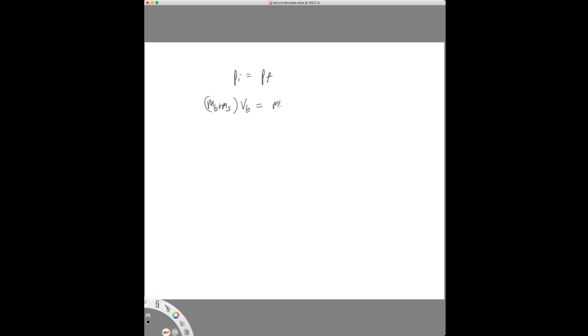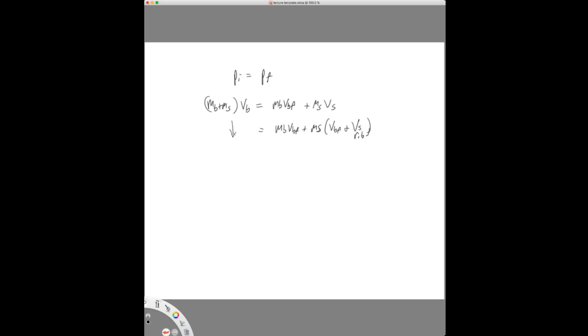And then on the left, we're going to have mass of the boat, we'll call it V boat final, plus mass of the stone times the speed of the stone. So that's going to be mass of the boat, V boat final, plus mass of the stone times, we have to do the same thing here that we did before. This will be V boat final plus V stone relative to the boat.